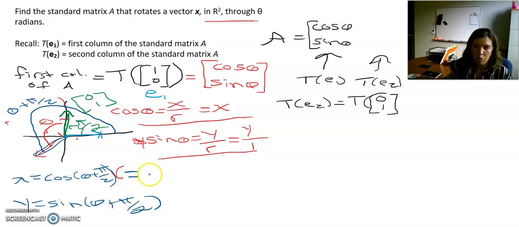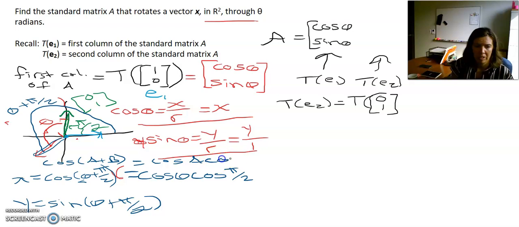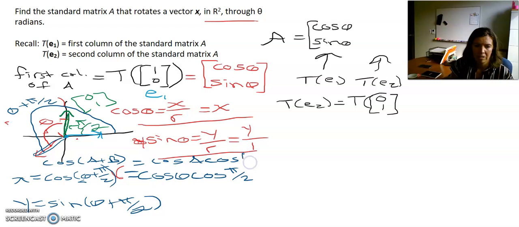If you look this up, cosine of A plus B is equal to cosine of A, which in this case is theta, times cosine of B, so times cosine of pi over 2. I'm going to jot the formula down on top of this real quick. If you look up angle addition formula for cosine, you're going to see this: cosine A cosine B minus sine A sine B.